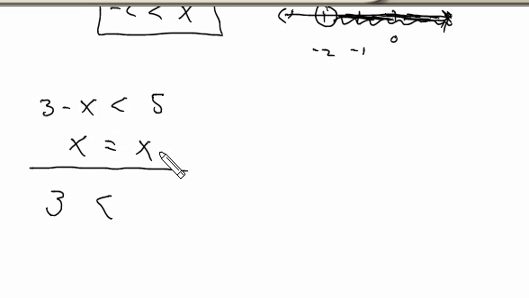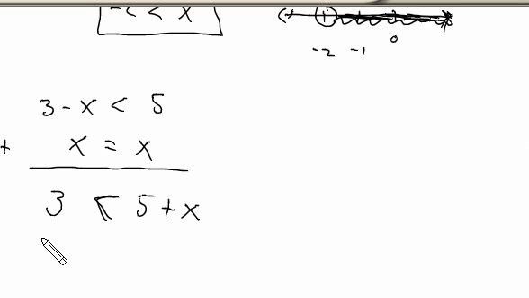And we get less than, we're adding here, so we get 5 plus x on the right-hand side. We add this equation to that inequality, and we get this inequality.